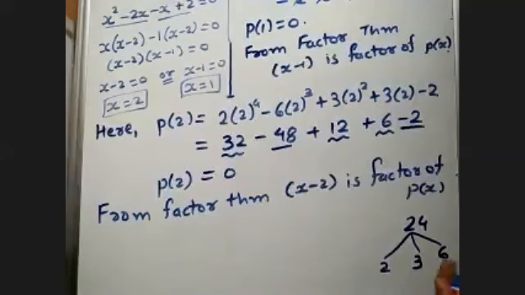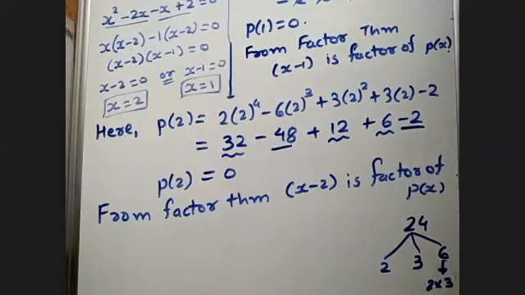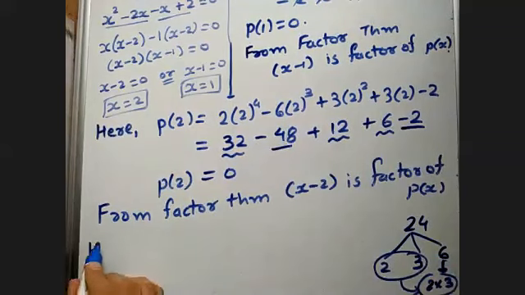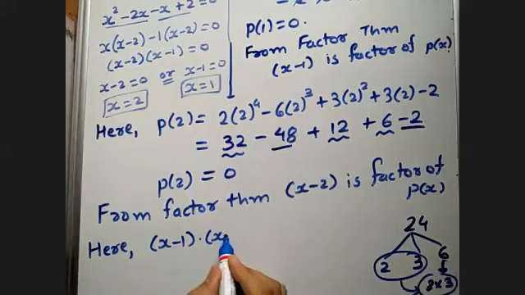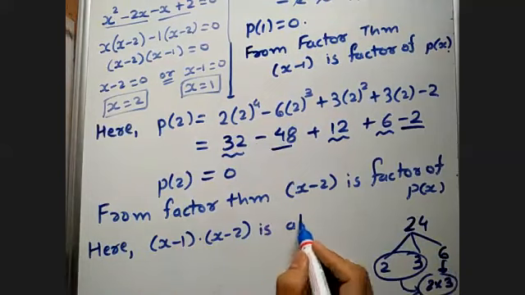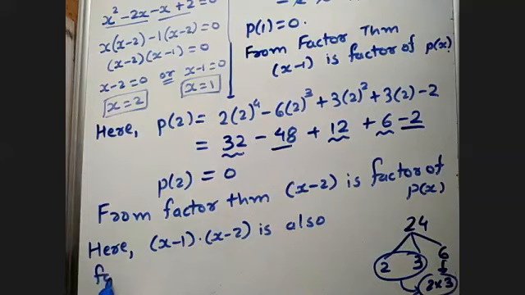So if you know two factors of a polynomial, then the product of those terms is also a factor of that polynomial. So here x minus 1 into x minus 2 is also a factor of p of x.